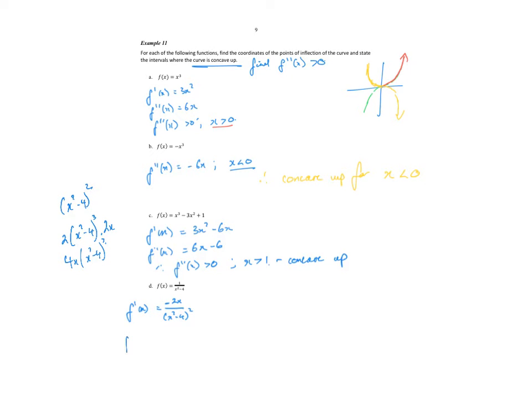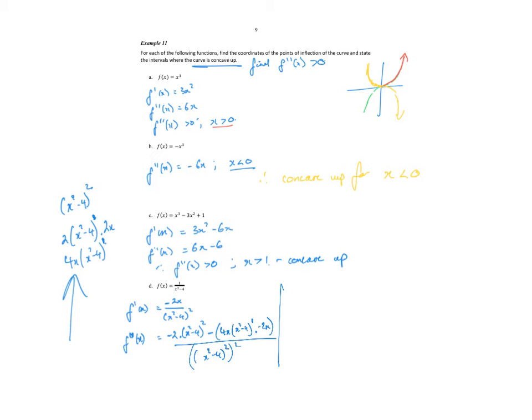Okay, so f double dashed of x is given by the derivative of the top, which is negative 2 times the bottom, x squared minus 4 all squared, subtract the derivative of the bottom, which if we just have a look over here, gives me 4x outside of x squared minus 4. That should be to the 1, not to the 3. Don't know what happened there. Times the top all over the bottom squared.